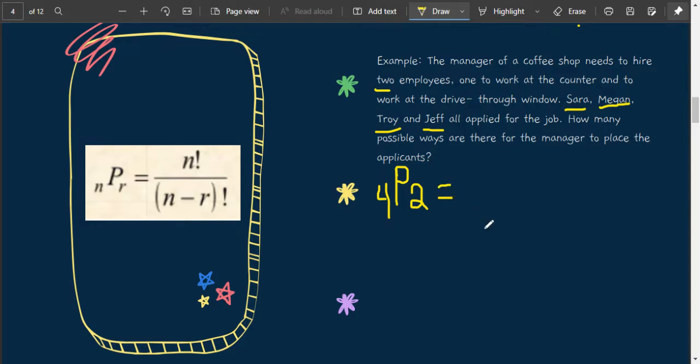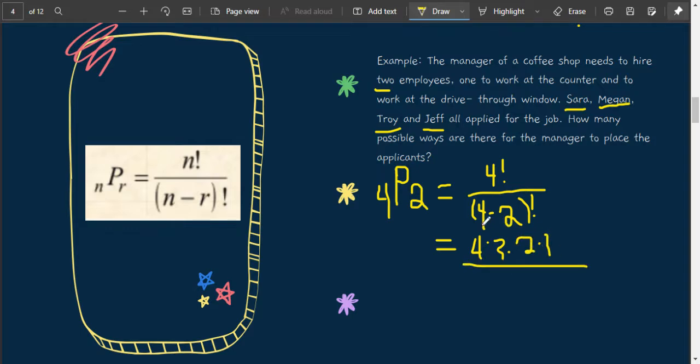So, ilalagay lang natin siya sa formula. Ang n natin is 4. So, it will become 4 factorial over 4 minus 2 factorial. So, i-expand lang natin yung 4 factorial. Okay, so 4 times 3 times 2 times 1 over 4 minus 2 is 2 factorial, di ba?